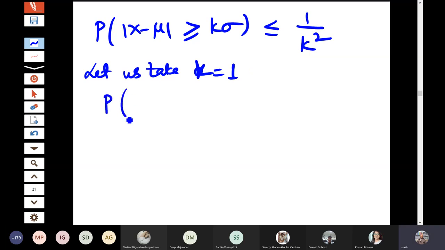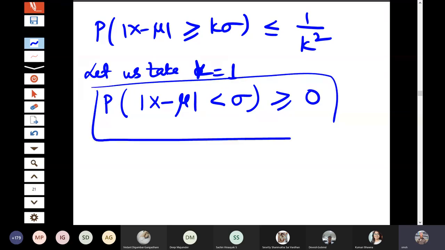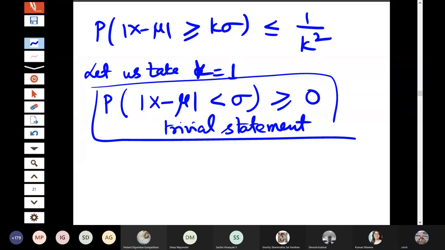You will get probability of mod of x minus mu less than sigma is greater than or equal to 0. So this is a trivial statement, because I am saying a certain probability is non-negative. So this does not give you much information. However, if I take say k equal to 2, then what is the statement?